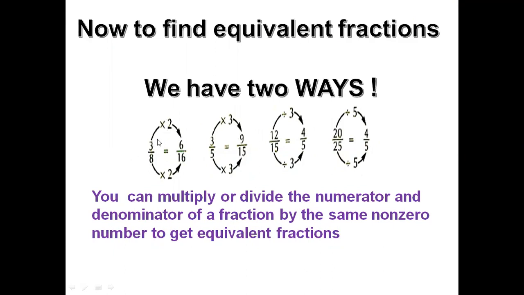Here, if we choose 2, we need to multiply the numerator and the denominator by 2. If we choose to divide by 3, for example, we need to do the same operation using the same number in the numerator and denominator. Now, the answer is an equivalent fraction. For example, 3 out of 8 is equivalent to 6 out of 16. Here, 20 out of 25 is equivalent to 4 out of 5, okay?